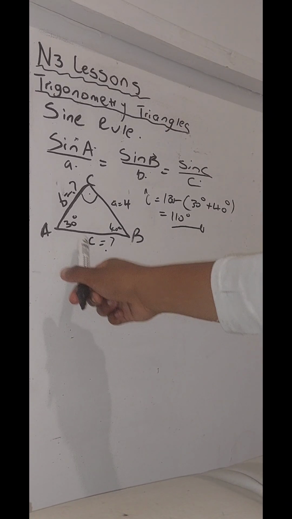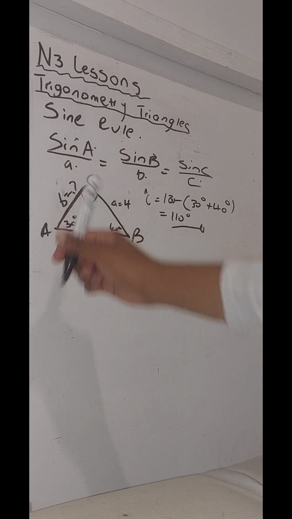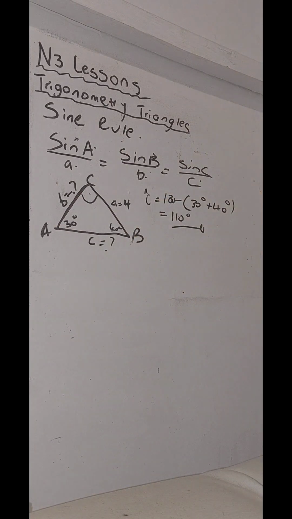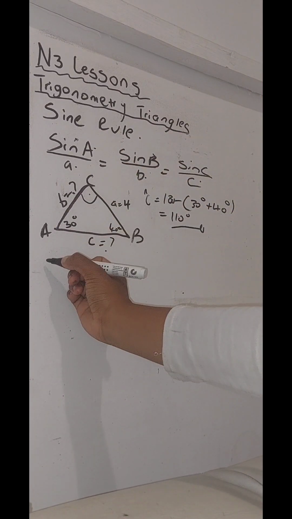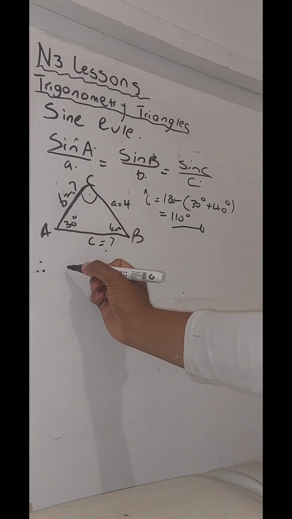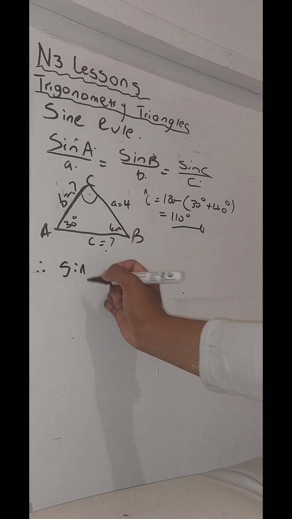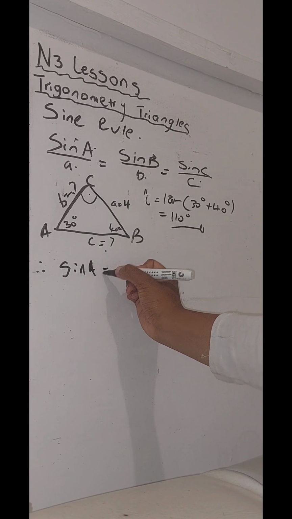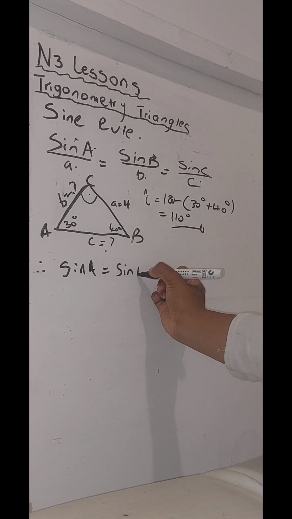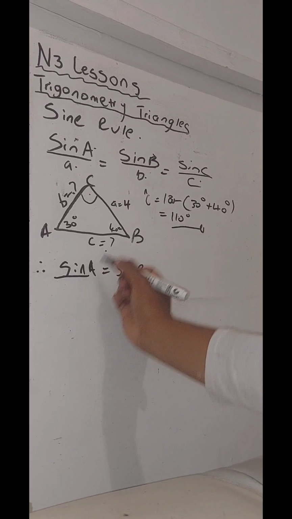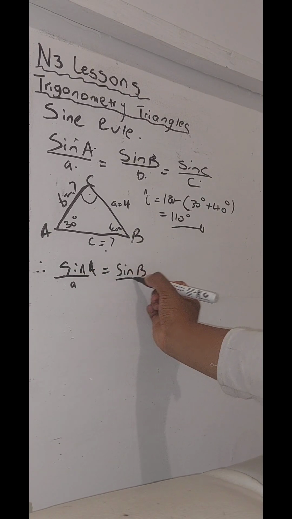We want to solve for C and B and everything. So let's solve for B. Therefore, we're going to say sine A over A is equal to sine B over B. Do we have A? Yes, we have A. Do we have B?